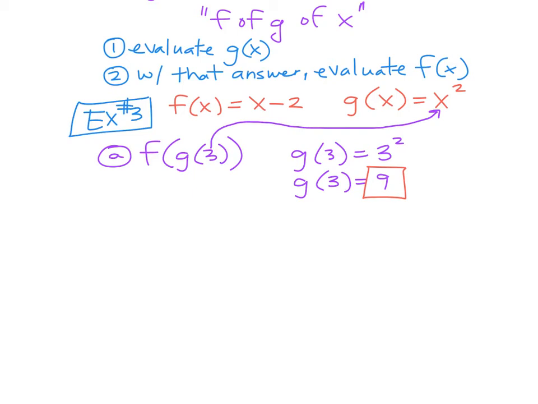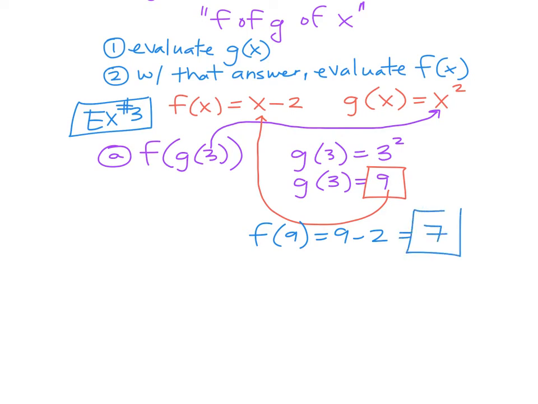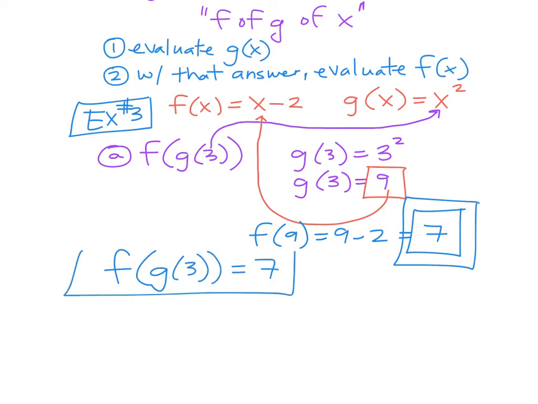So f of g of 3 here, that 9 is going to go here, and we're going to say f of 9 equals 9 minus 2, and I get 7 for that. That number is my answer. f of g of 3 is equal to 7. Does that make sense? So plug in g of 3, plug in what you get from that into your f function, and you'll get your final answer.